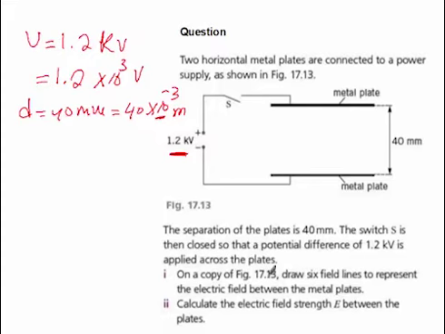So draw the 6 field lines to represent the electric field between the metal plates.